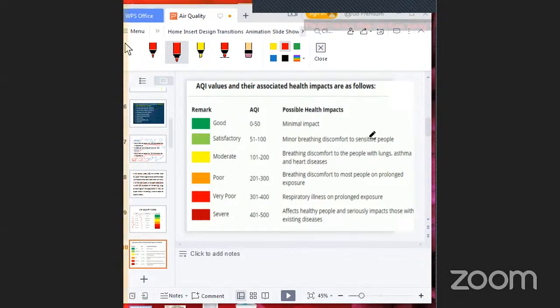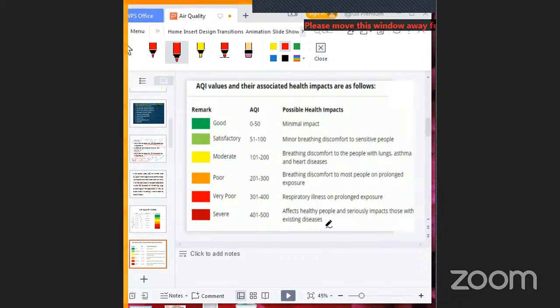For these 8 pollutants, short-term national ambient air quality standards are prescribed, up to a 24-hour averaging period.